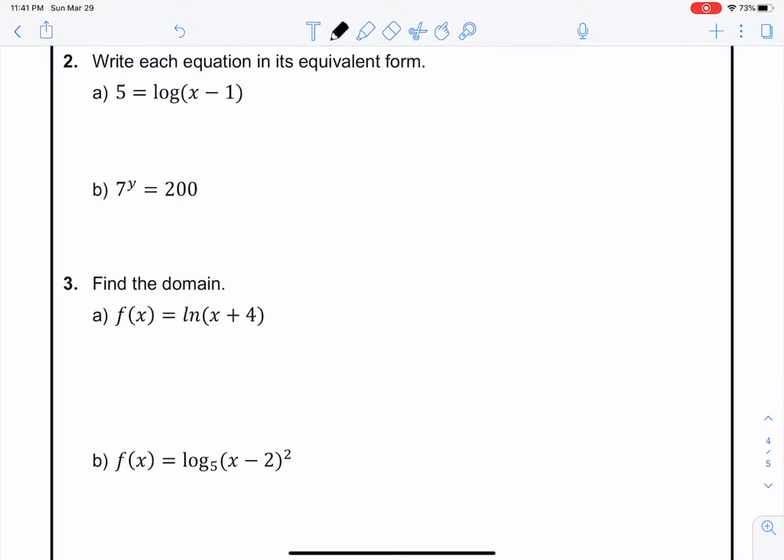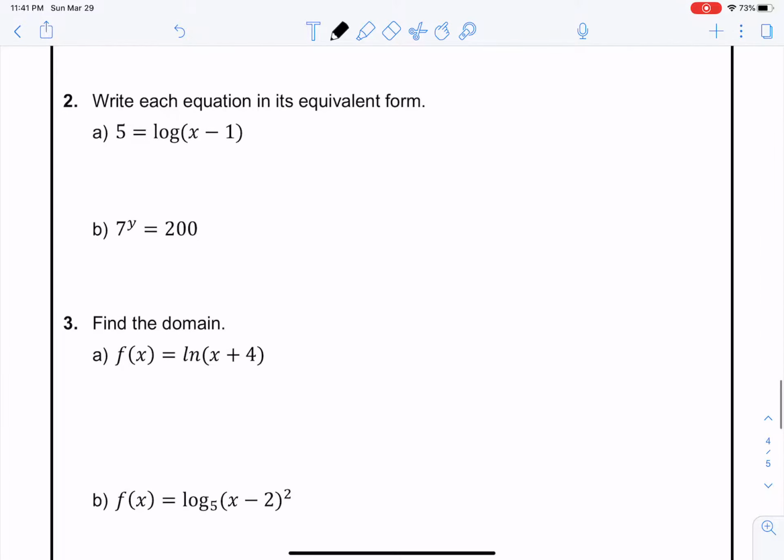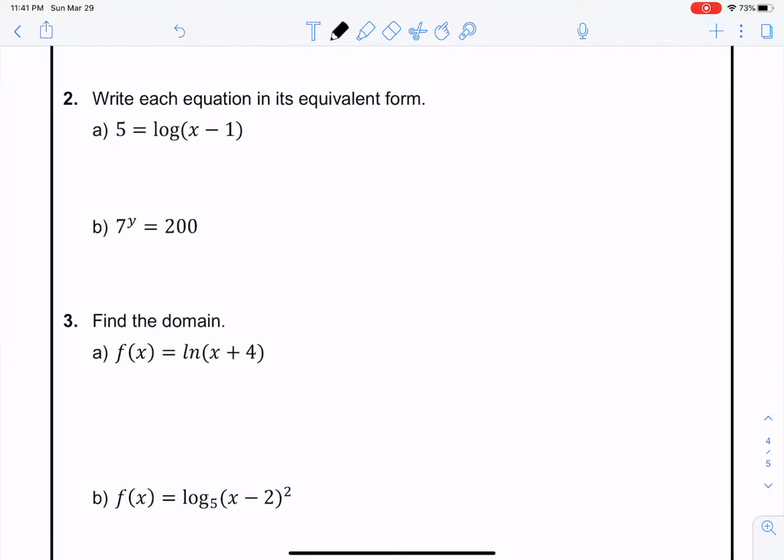Here, we want to write each equation in its equivalent form, in the sense that we want to rewrite it in its equivalent exponential form. So if I exponentiate on both sides, we can write it in the exponential form. Log and log base 10 are one and the same, so I'm going to raise it to the power of 10 on both sides.